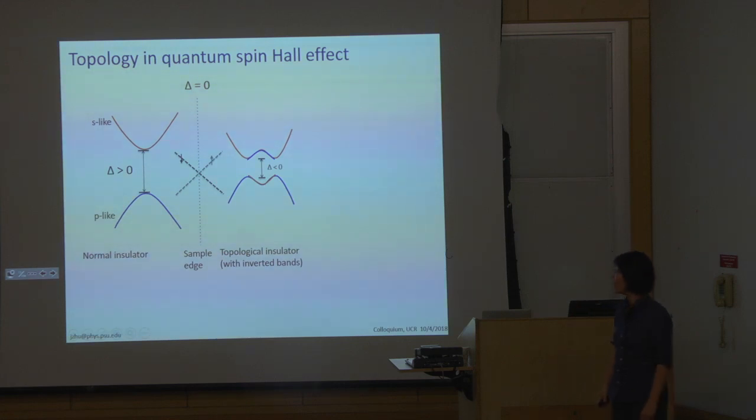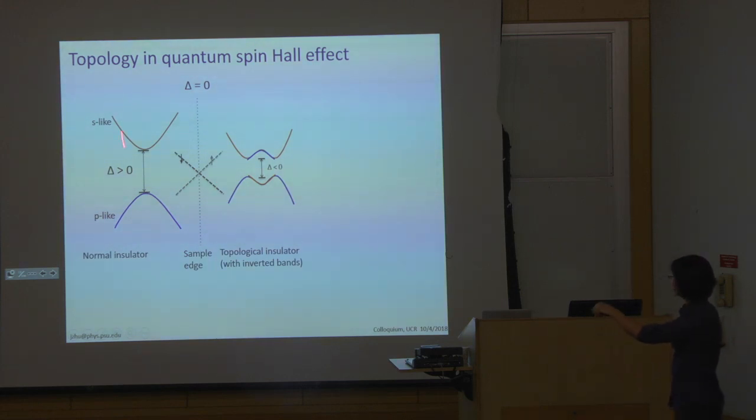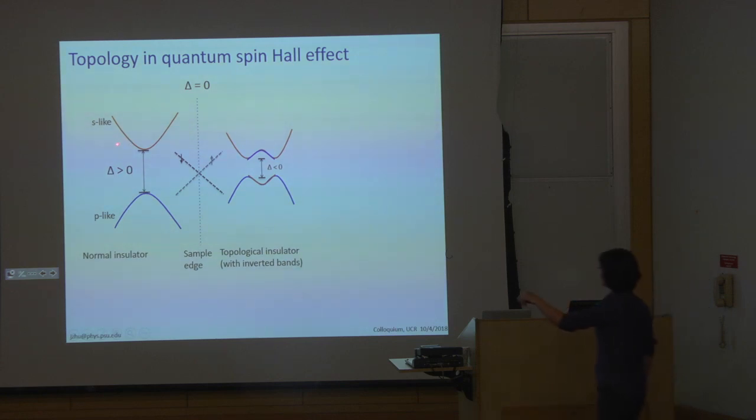So if you have a material like this, a vacuum as we know it is a trivial insulator with bands that look like that. Right? You ask, how do you actually patch this up at the sample boundary over here? How do you get an electron in adiabatically from the vacuum into the material? And then the electron in the conduction band needs to go from here to here, right?